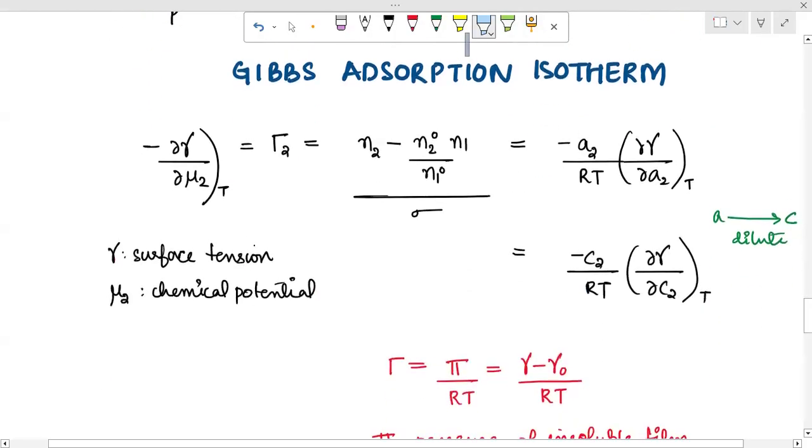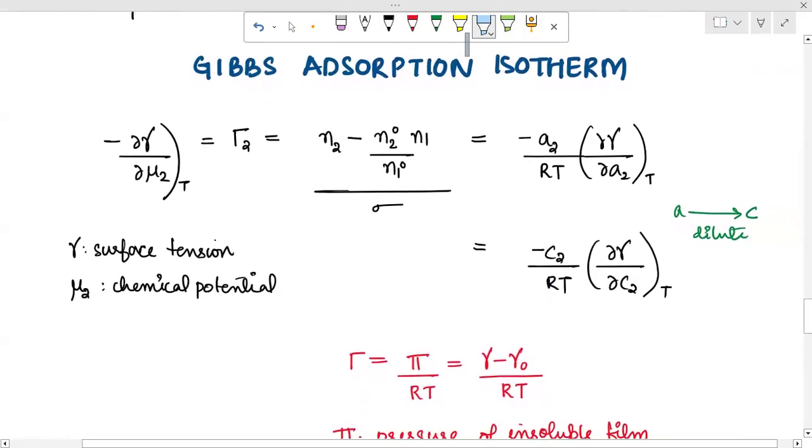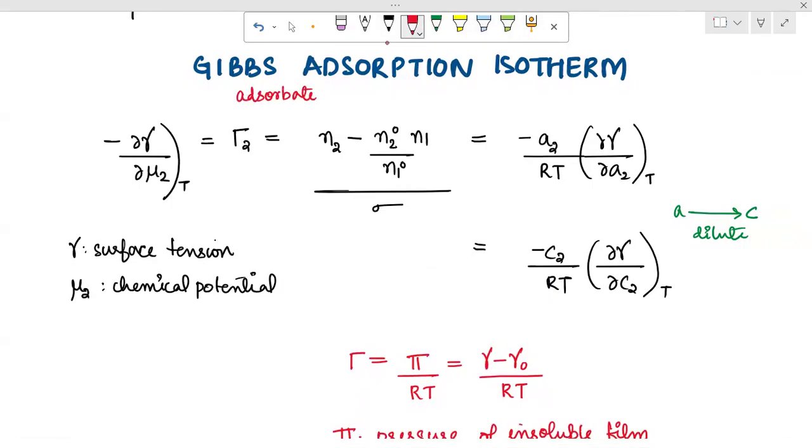Now, the next one is the Gibbs adsorption isotherm. In Gibbs adsorption isotherm, the adsorbate that you consider can be solid or liquid, and the adsorbent that you consider is liquid. So in the previous cases, it was gas on solid.